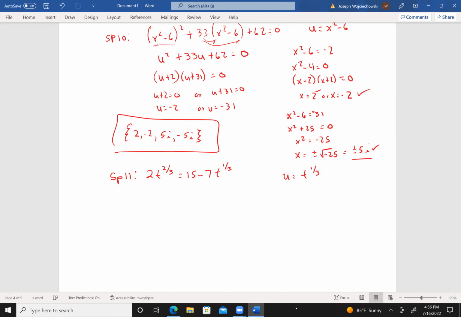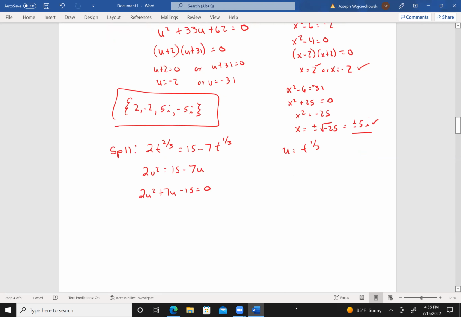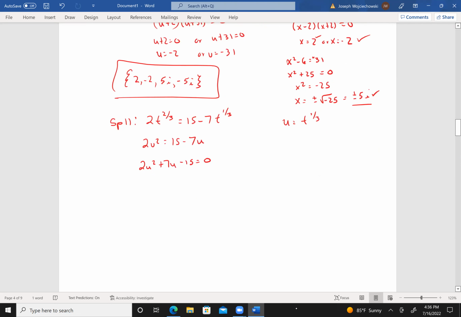Now this becomes 2u² = 15 − 7u. Go ahead and bring everything over: 2u² + 7u − 15 = 0. Here I don't see the factors readily, so I'm going to use my quadratic formula.